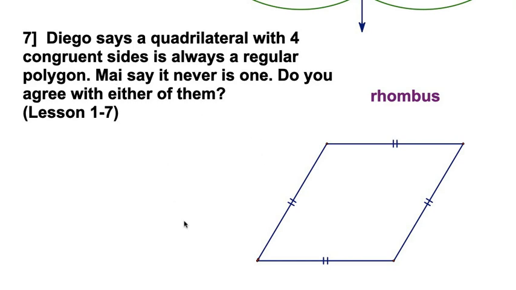But Maya says it's never one. Well, can it be? I want to demonstrate this in a more interesting way. Let's draw this. Do yourself a favor. If you have a rhombus, I'm going to draw the diagonals.